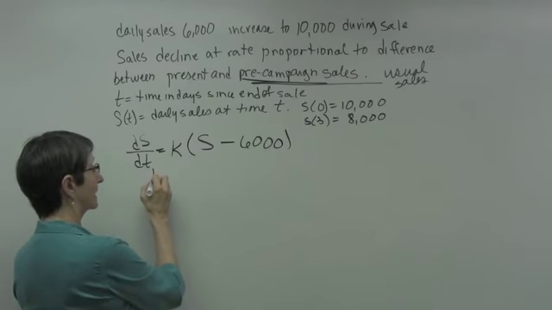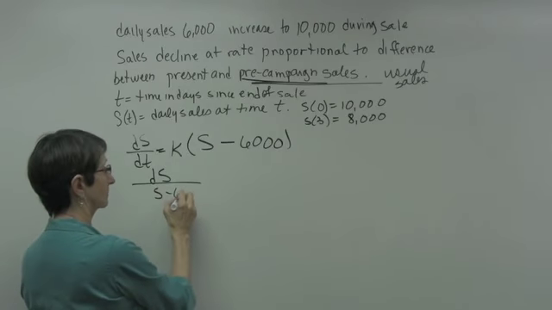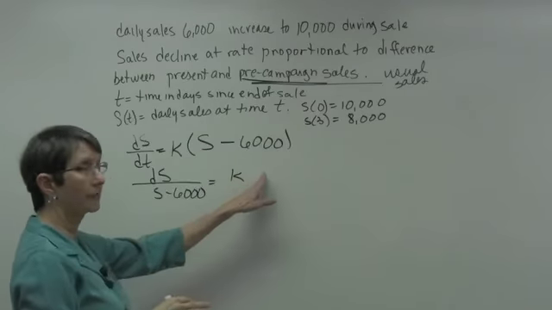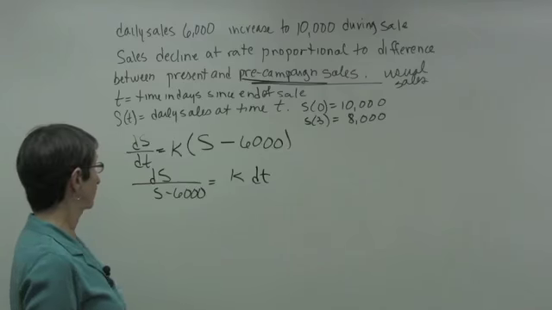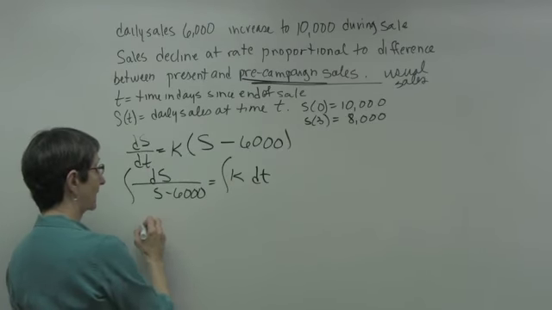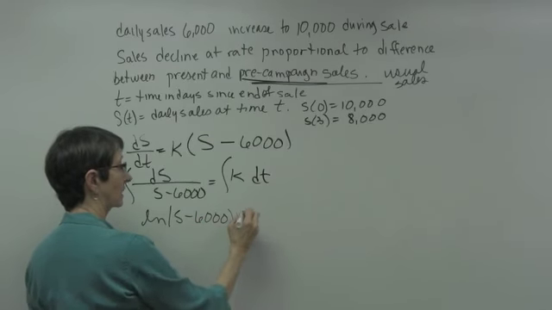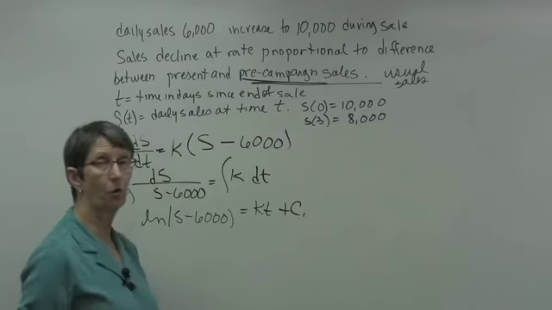So I keep the ds on the left and divide through by my parenthesis. Set it equal to k, always keep constants on the right, and I multiply across by dt. So when I do the antiderivative, I'll have natural log of S minus 6,000 equal to k times t plus c sub 1.